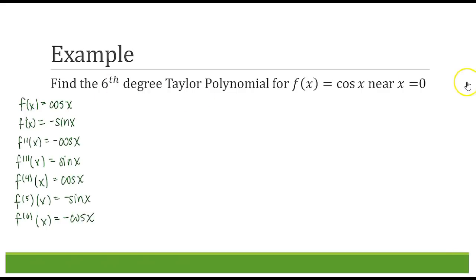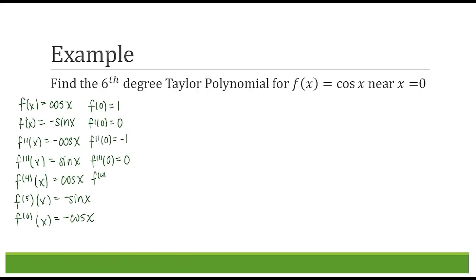Well, now we want to evaluate each of these at 0. So we're looking at f of 0, cosine of 0 is 1. F prime of 0, sine of 0 is 0. F double prime of 0, if I plug in 0 to cosine, I get 1, but there's a negative on the outside, so I get negative 1. The third derivative at 0, sine of 0 is 0.